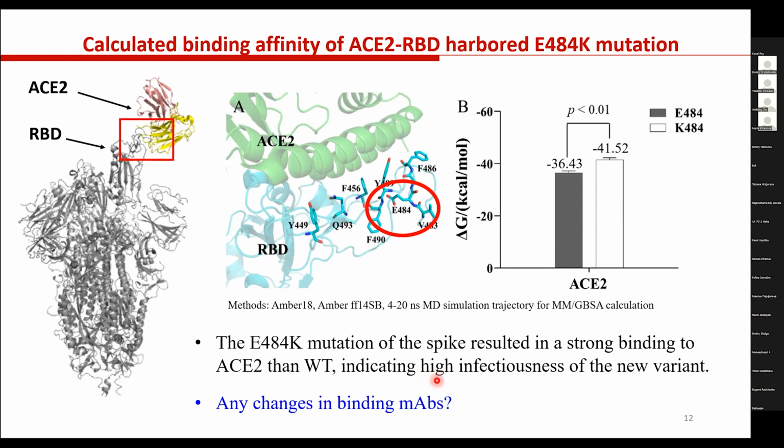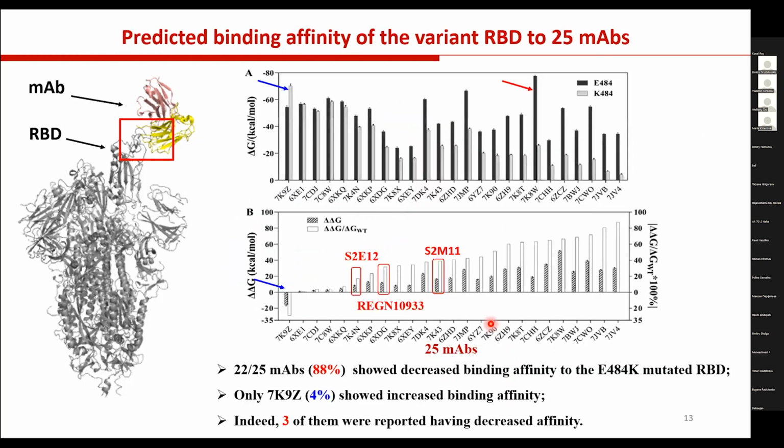And then we want to know whether this mutation also affected the binding to the monoclonal antibodies. We searched and found 25 antibodies complexed with the RBD domain crystal structure. Then we constructed the mutated structure and performed the MD simulation and found that after the mutation, it becomes K, this gray box.